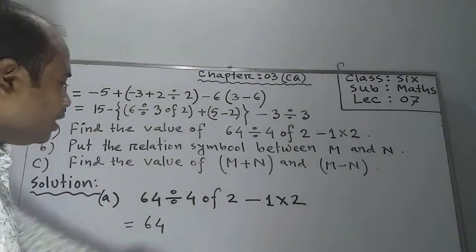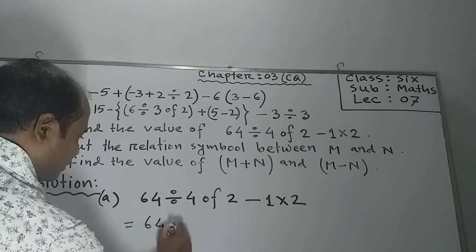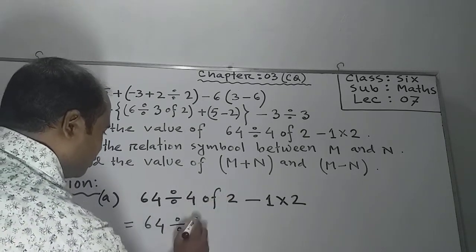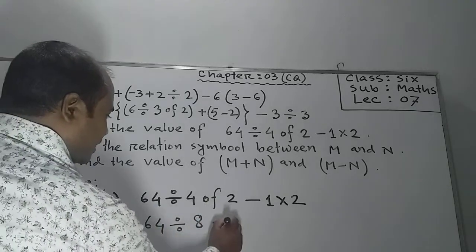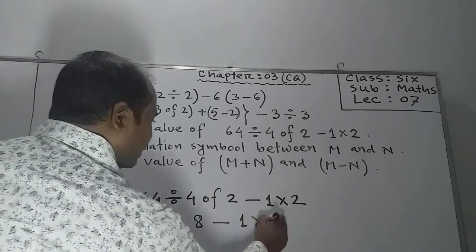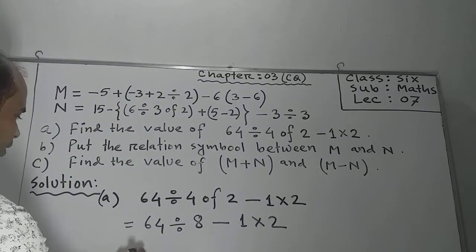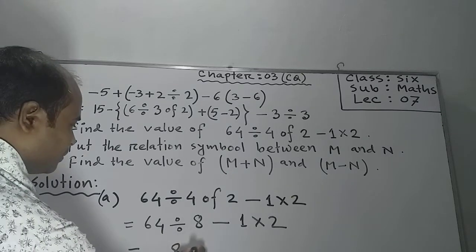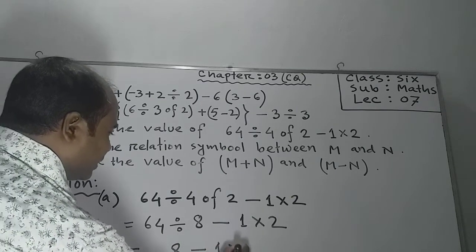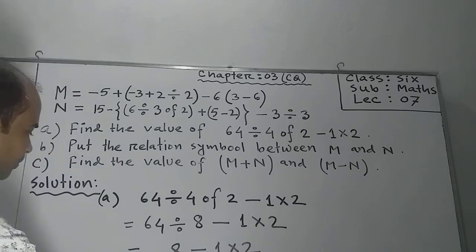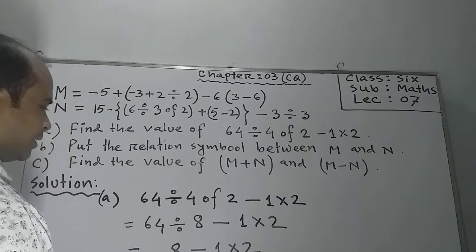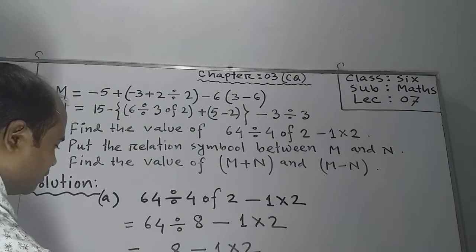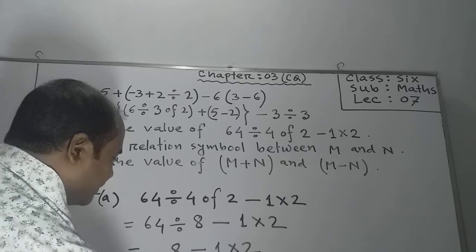According to the BODMAS formula, we calculate "of" first: 4 of 2 means 4 multiplied by 2, that is 8. So 64 divided by 8 is 8, minus 1 multiplied by 2, which is 2. 8 minus 2 is 6. This is the answer.